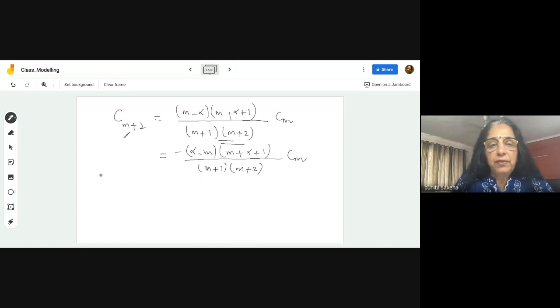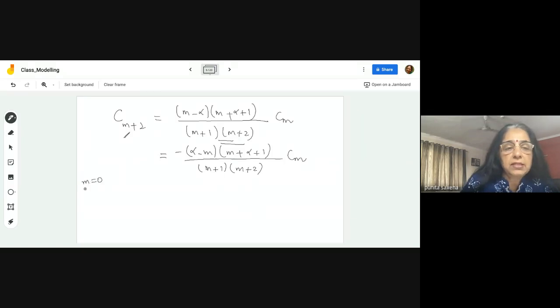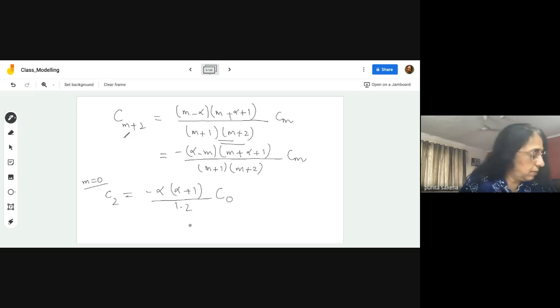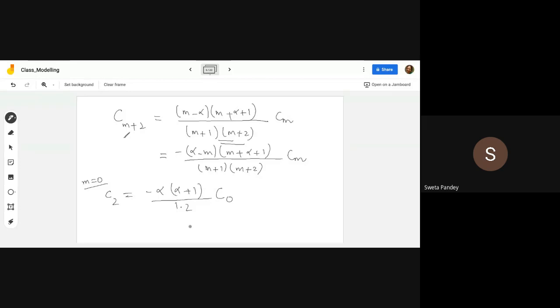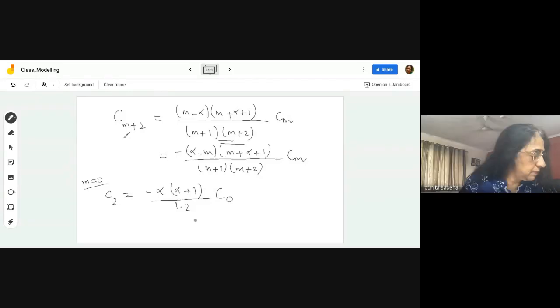Okay. Now we'll put different values to m and then see how the coefficients behave. So when m is 0, you're going to get C2, and C2 is going to be minus alpha into alpha plus 1 upon 1 into 2 C0. Am I right? Yes, ma'am. Right.